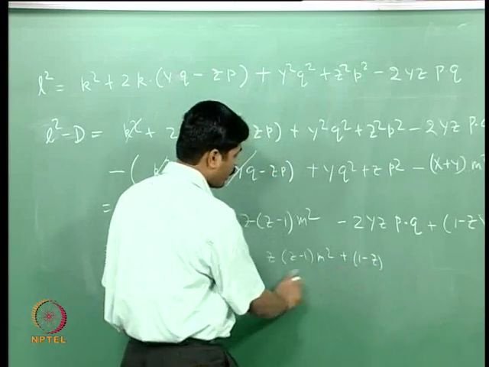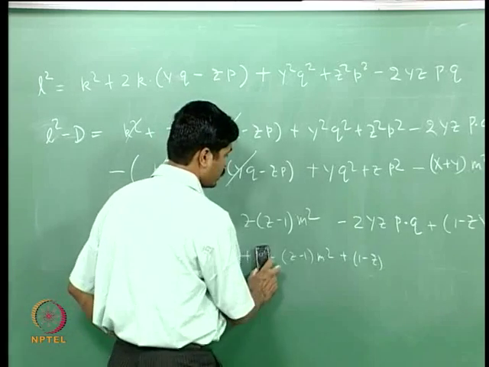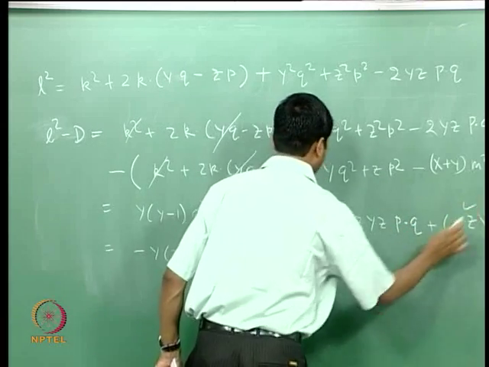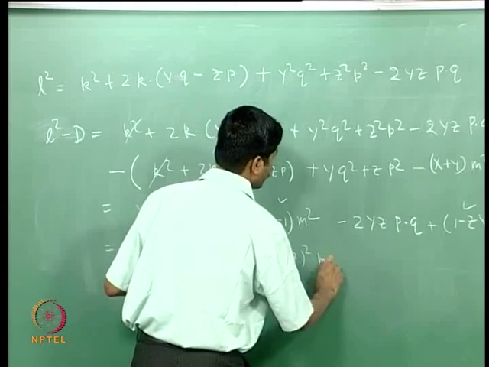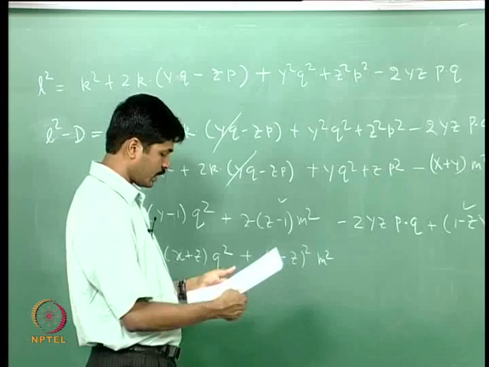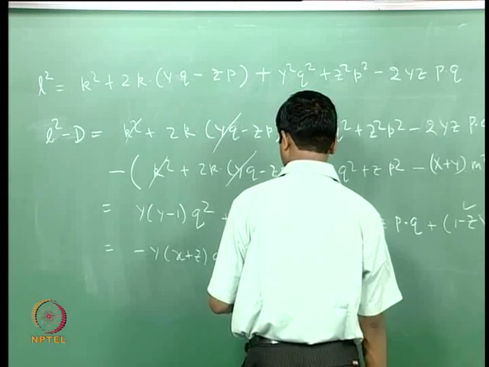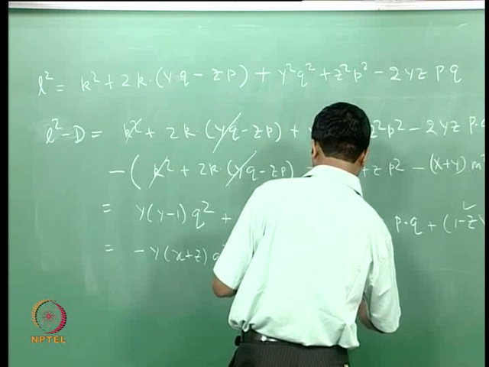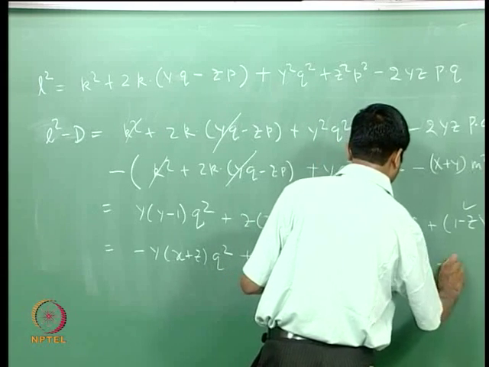If I combine these two terms here, I just get 1 minus z whole square m square, and then minus 2 y z p dot q minus i epsilon.